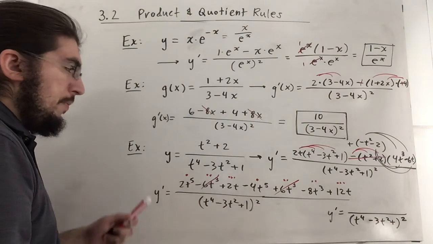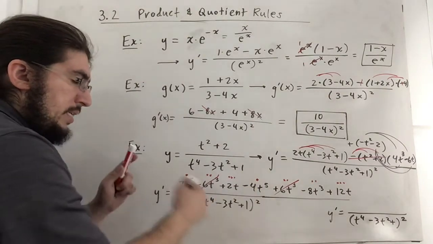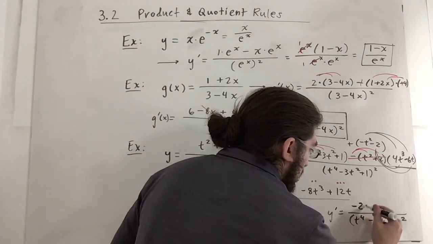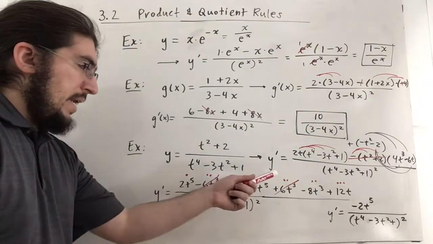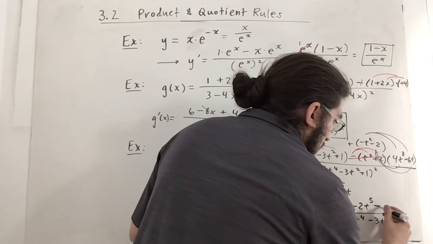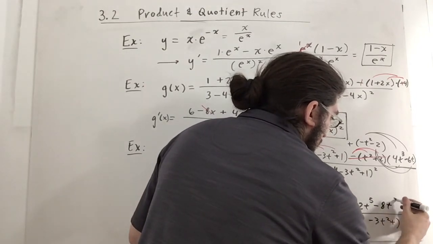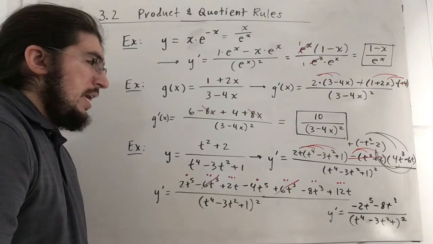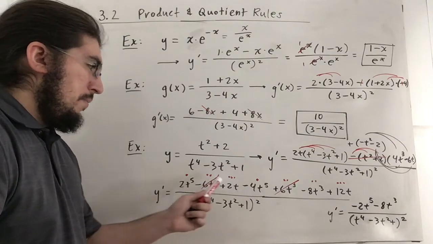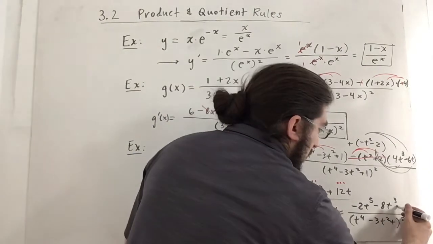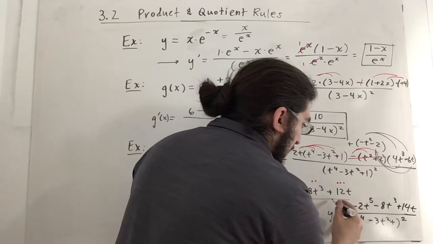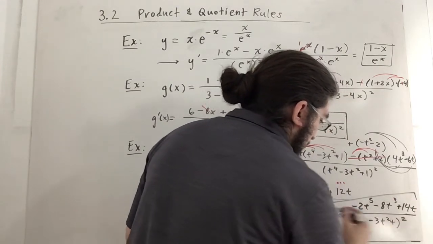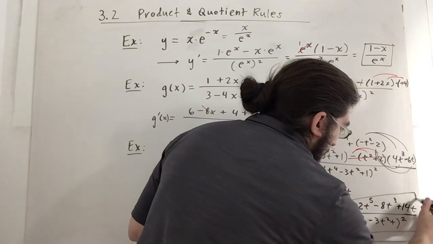And then on top, we have the t to the 5th combined to negative 2t to the 5th minus 8t cubed. Good. And then plus 14t. And that's my answer. Let me box that. Perfect.